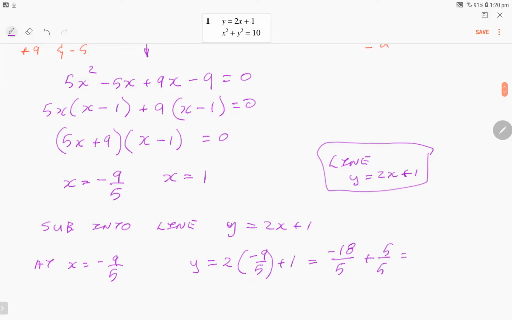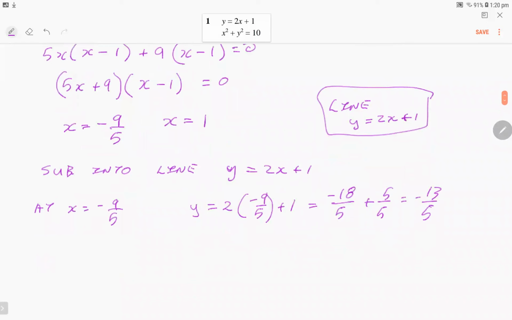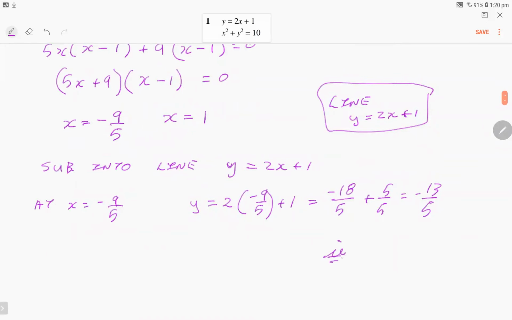And so that is minus 13 over 5. So one point of intersection is minus 9 over 5, minus 13 over 5, where the line and the curve meet.